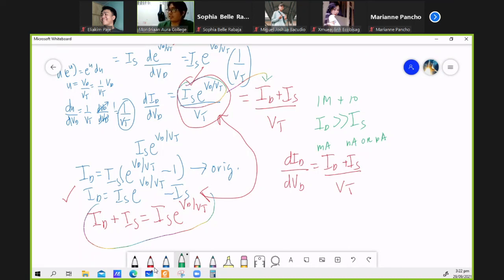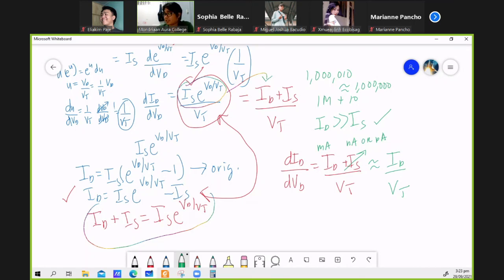So, yung 1 million and 10 na yun, this can be simplified as 1 million, di ba? So, therefore, since ito yung ating condition, maliit talaga yung value ng leakage current na yan kumpara sa diode current natin kapag naka-forward bias. That's why we can eliminate I sub S. So this is approximately equal to I sub D over VT.